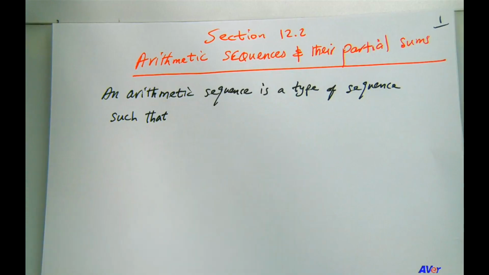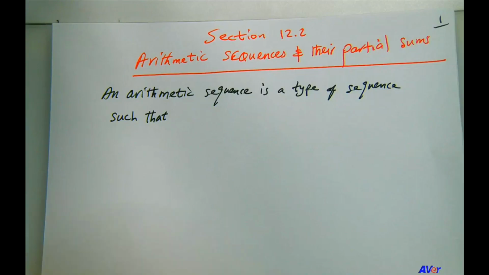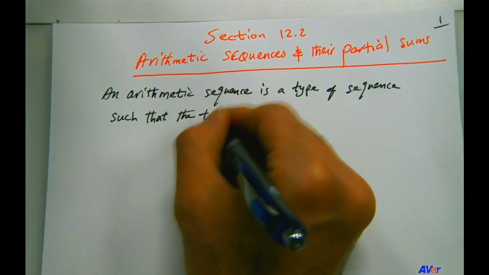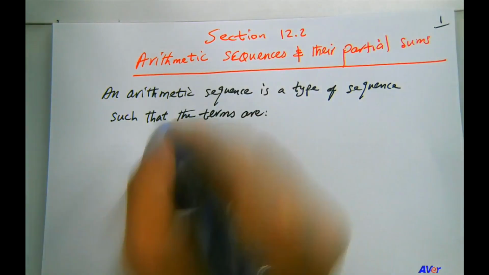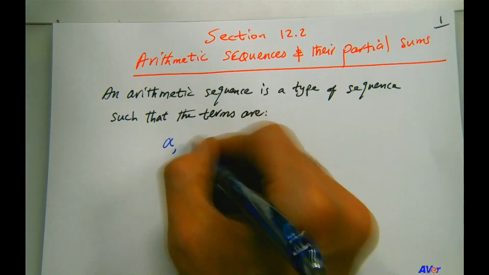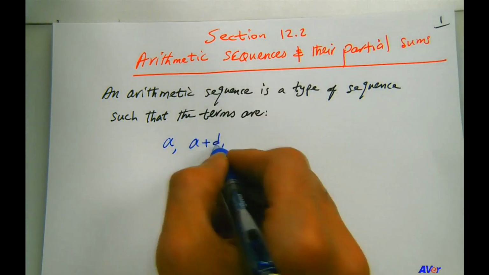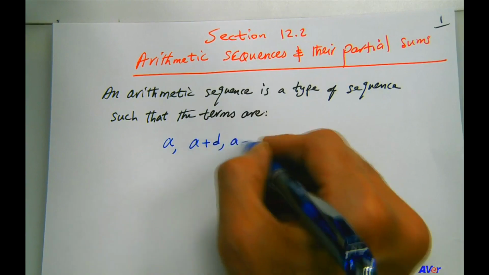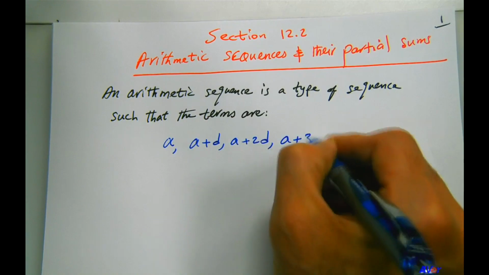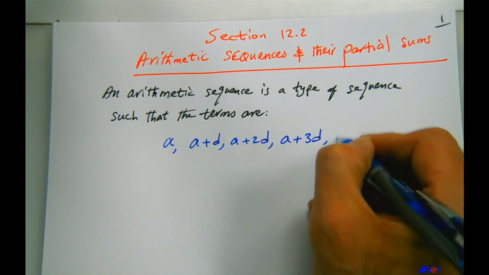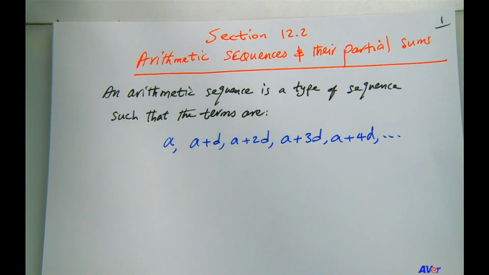Such that the terms are, say, A, A plus D, and we will have more to say about this D, A plus 2D, A plus 3D, A plus 4D, and so on and so forth.